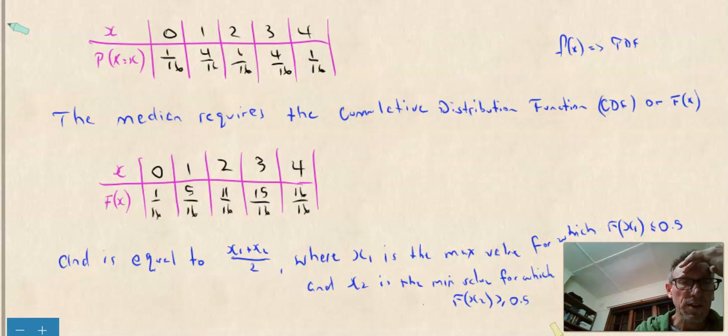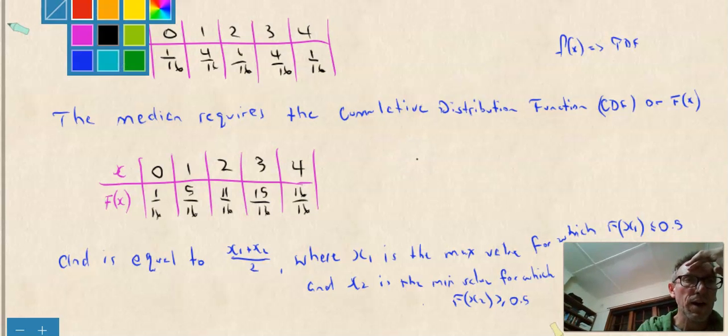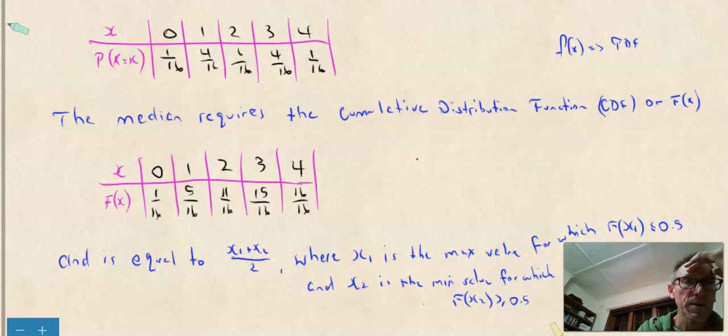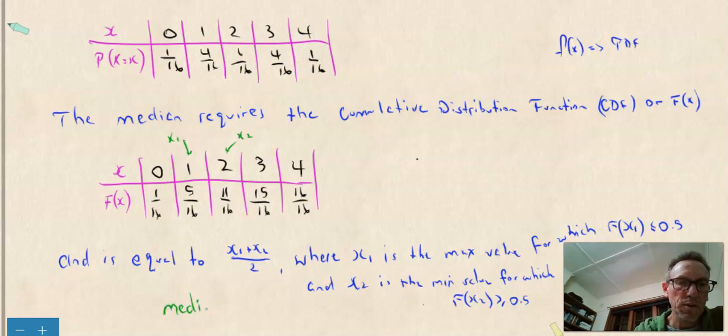These are both less than 0.5, but this is the larger value, so this will be my x1. And this is the minimum value of x for which my probability is greater than 0.5, so that is my x2. So my median in this example is 1 plus 2 divided by 2, or 1.5.